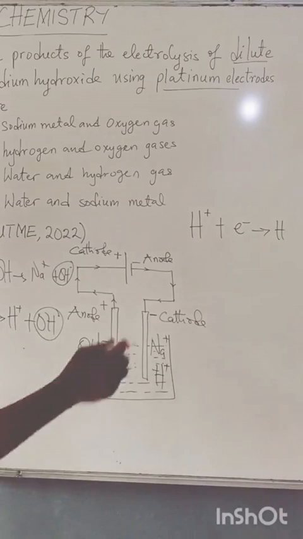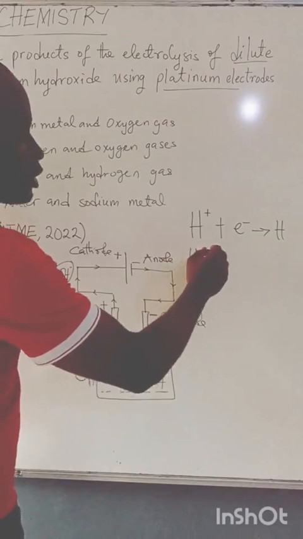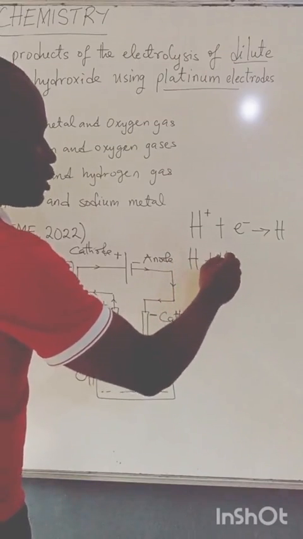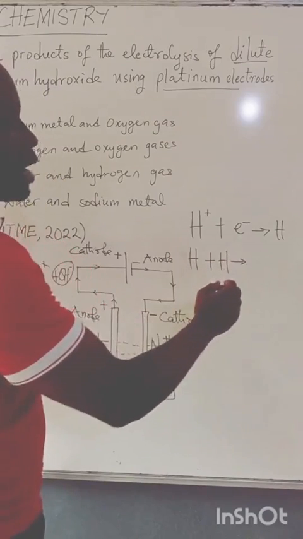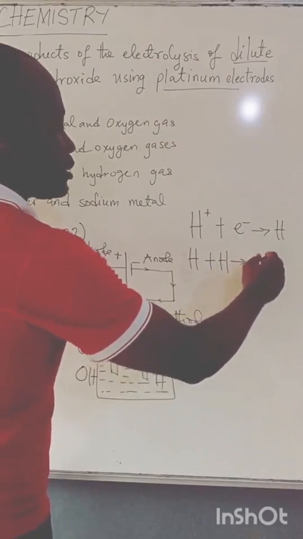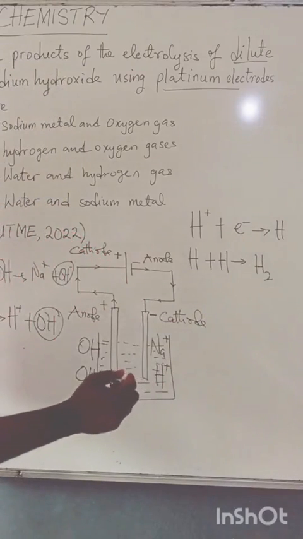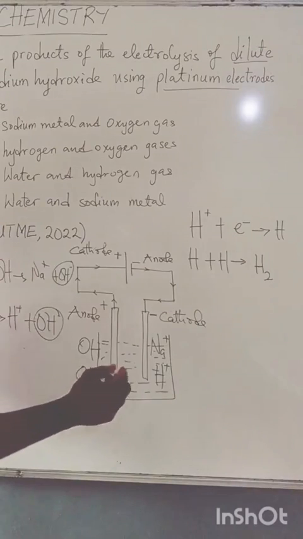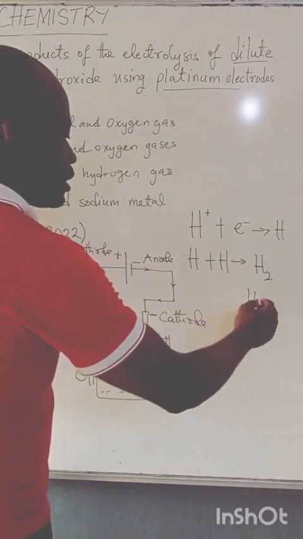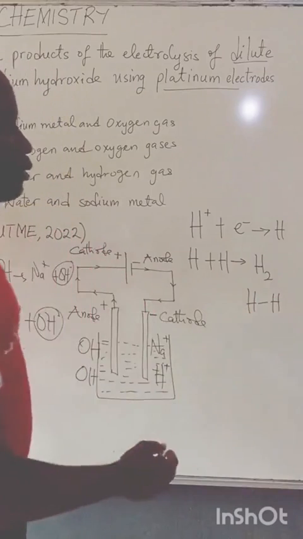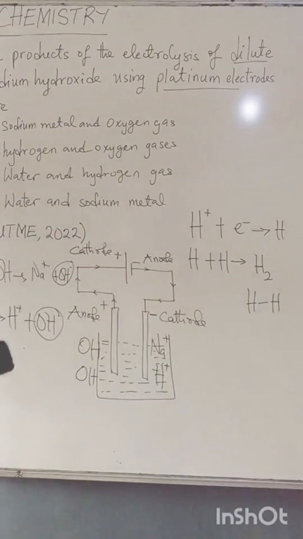Remember, hydrogen does not exist alone. One atom of hydrogen cannot exist alone, so it's going to combine covalently with another atom of hydrogen to become discharged as a diatomic hydrogen gas. Do you remember when we did bonding? So between these two hydrogen atoms, now you have a single covalent bond. That is how hydrogen becomes discharged at the cathode.